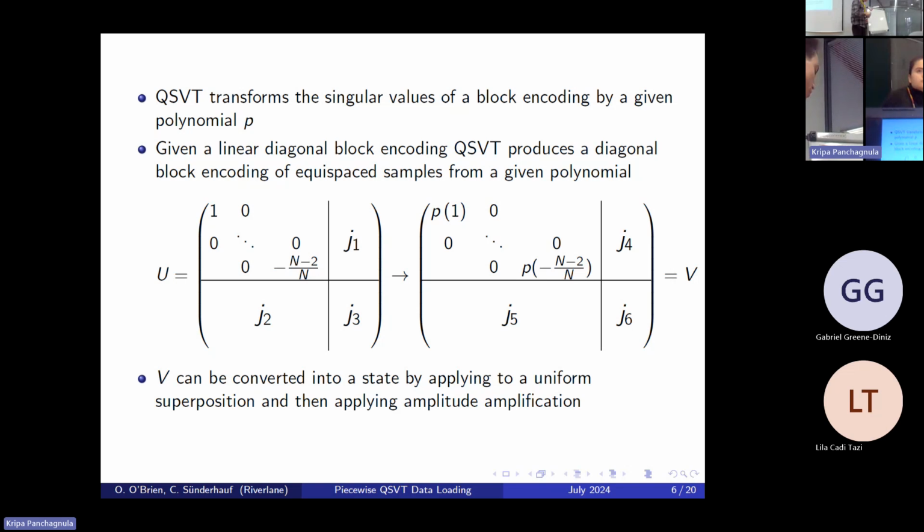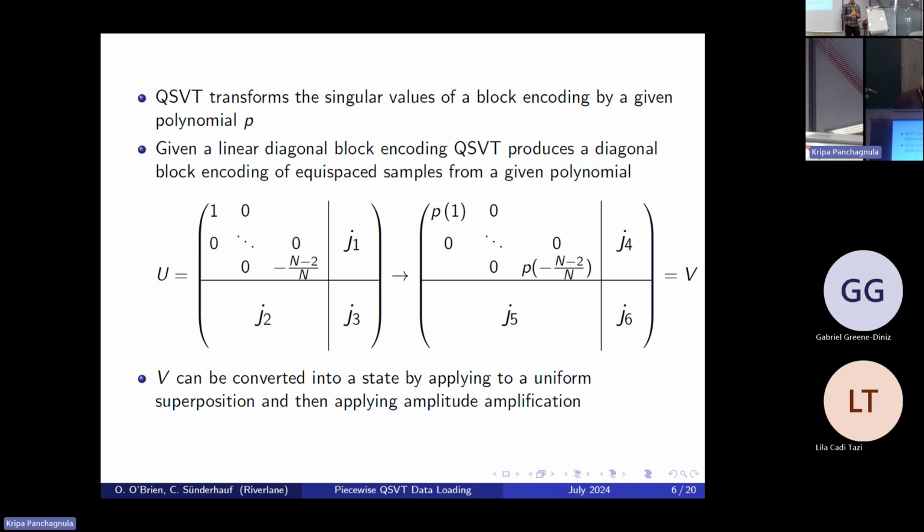Now I can apply this matrix, which would just be P of all of these, to the uniform superposition. As mentioned, the uniform superposition will look something like 1, 1, 1, 1, 1, 0 down here. When I apply it, I would just get the sum of P of 1 minus 2x over n, quite importantly with zeros in the flag qubits plus some junk.